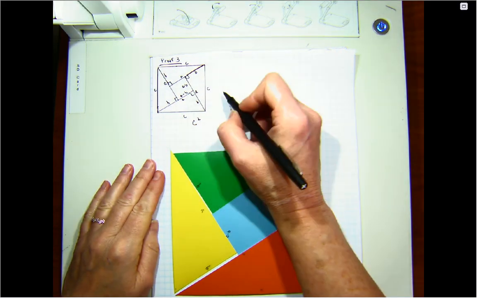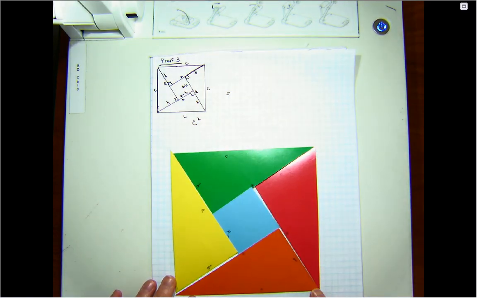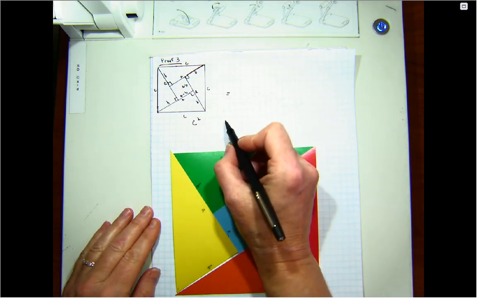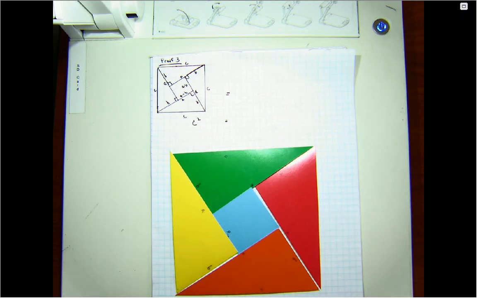But what we're going to do is come up with a way to take these same shapes, okay? We're going to use exactly the shapes here and use all the shapes up to make them fit A squared plus B squared. So we're going to rearrange these pieces to make them into a shape A squared plus B squared.